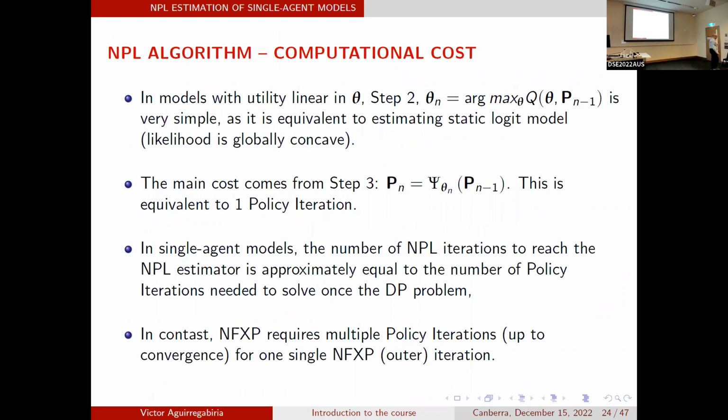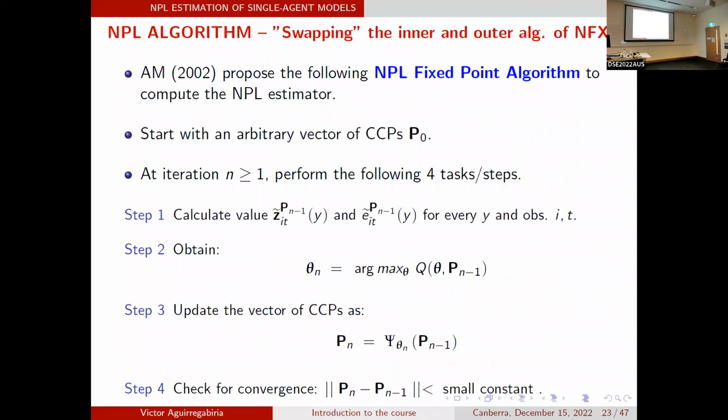Well, the inner iteration, yes? Sure. Sorry? Oh, I haven't included it here, but yes, we will have a convergence criterion. This is the argmax, then yes, we will have a BHHH there.